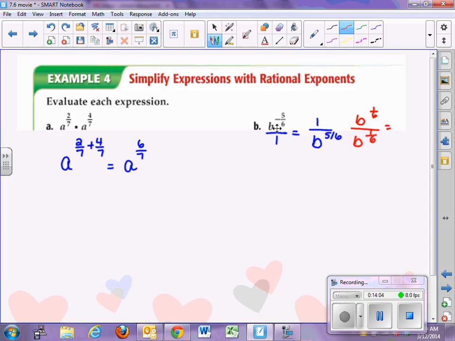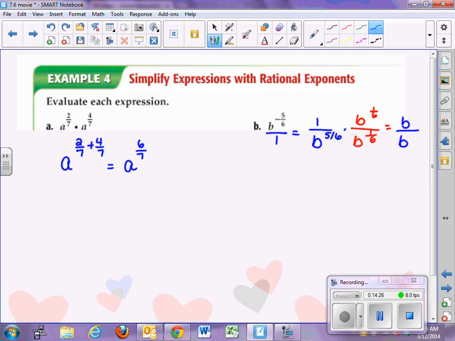Because across the bottom, when I multiply, I'm going to get b to the 5/6 plus 1/6, which is 6/6, which is just b to the 1, and that's exactly what I want. B to the 1 power is a great denominator. I have no fractional exponent in the bottom, or no radical.